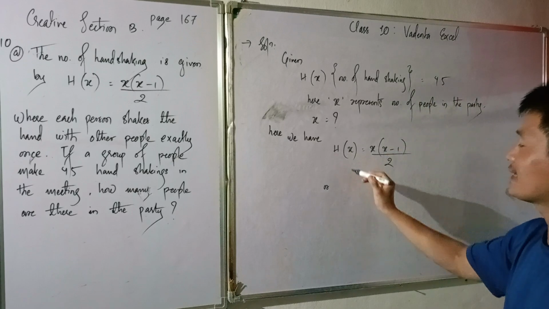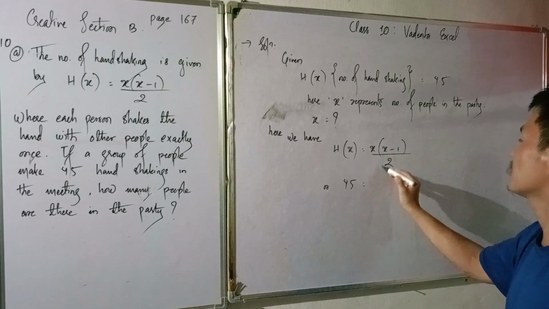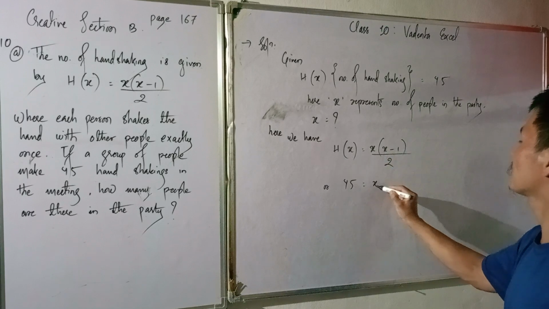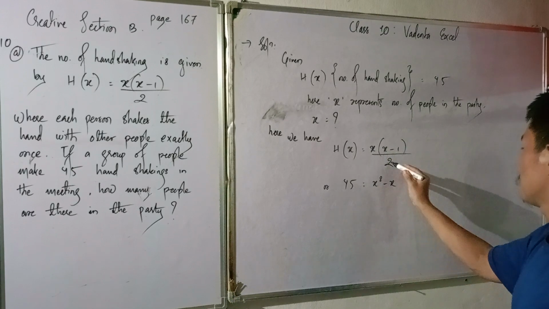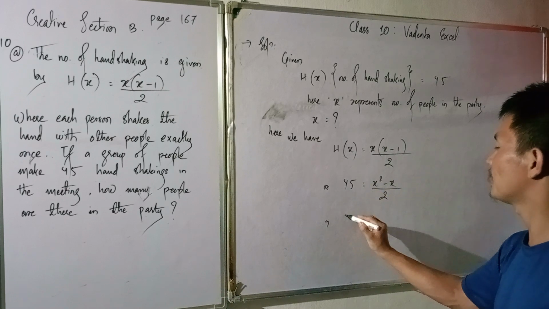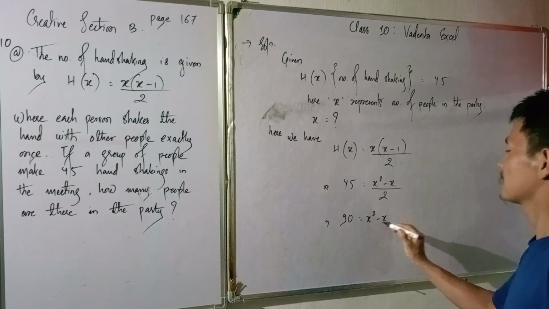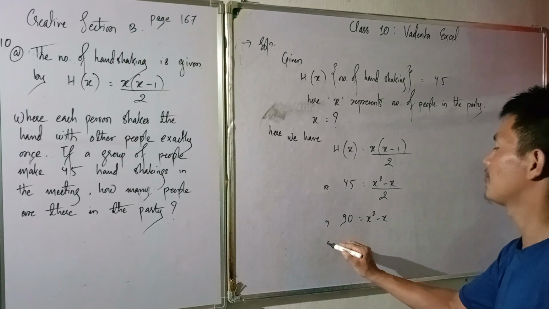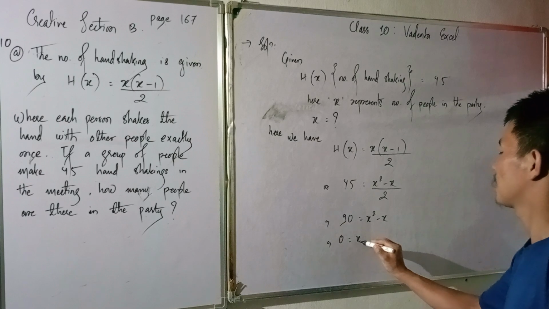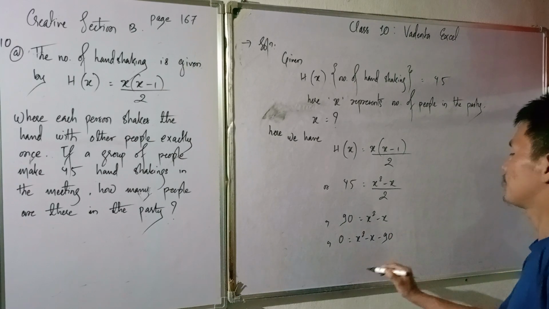Replace the value of A(x) by 45. You just multiply this out: x squared minus x. We got 2 here. Now multiplying this 45 gives 90. x squared minus x equals 90. Let's move 90 to the other side so the right side is 0: x squared minus x minus 90 equals 0.